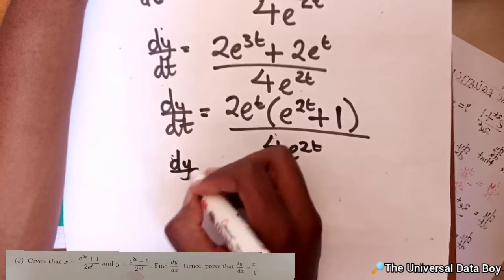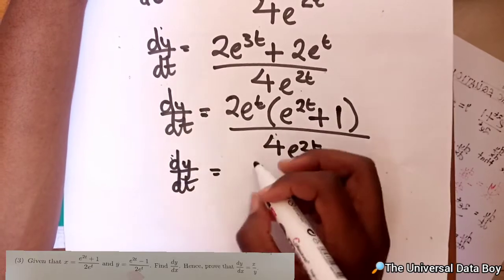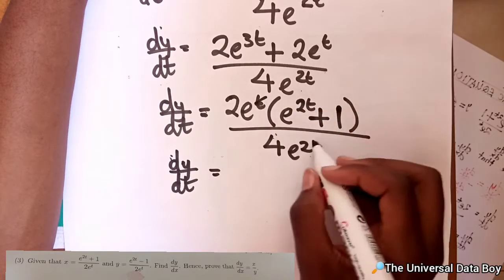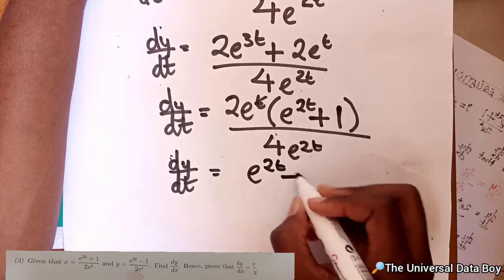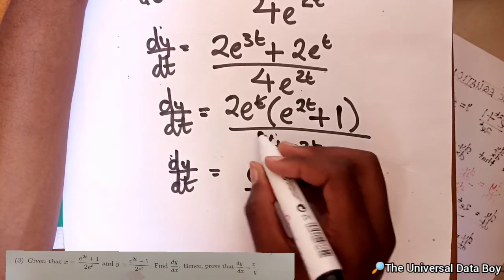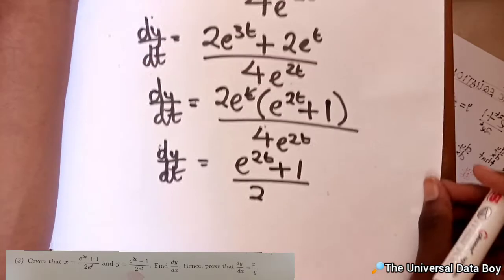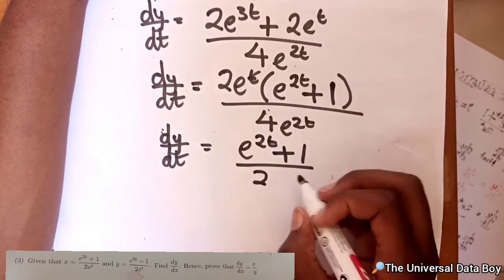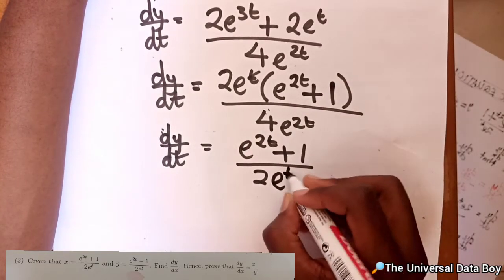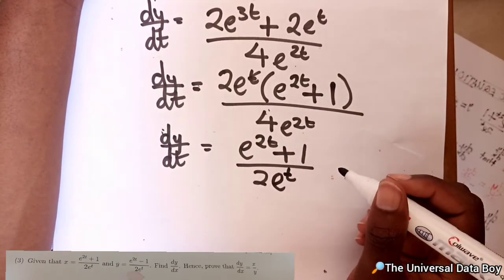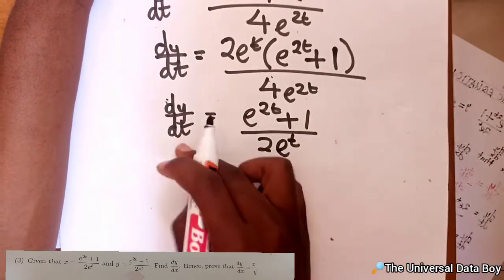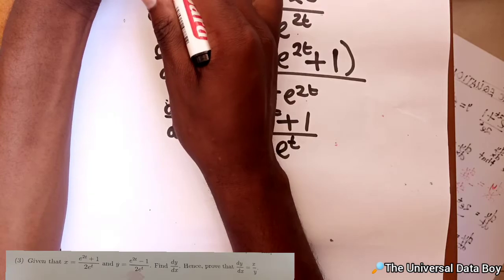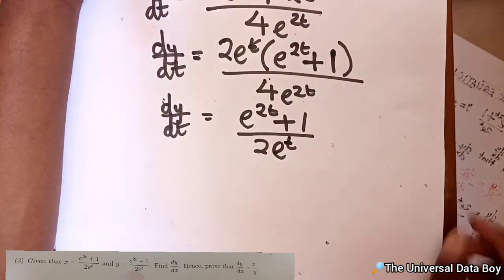Then dy by dt is going to be equal to, this one will cancel out with this one, so we're going to have e to the power 2t plus 1 over, so here we remained with a 2, then we removed 1e to the power t, so we're going to remain with 1e to the power t since there were 2 e's to the power t. So then this is our dy over dt, so we go on and find our dx over dt.